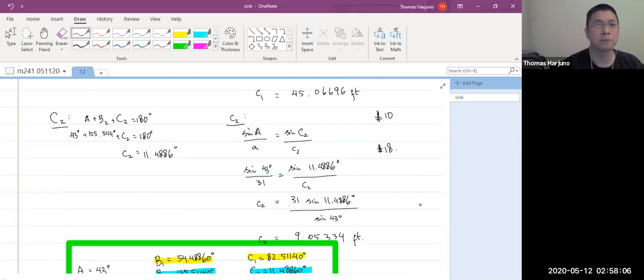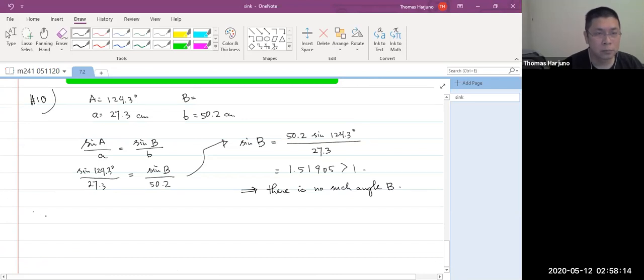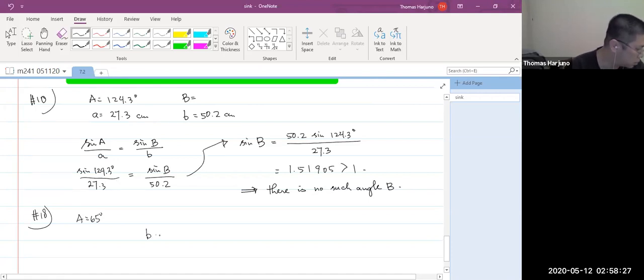Number 18. Number 18, angle A is 65 degrees. Side B is 7.6 yards.